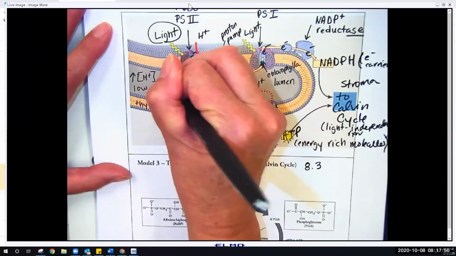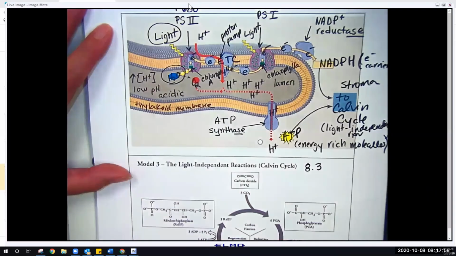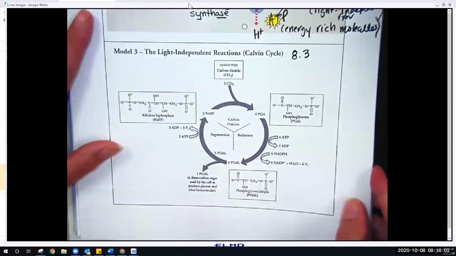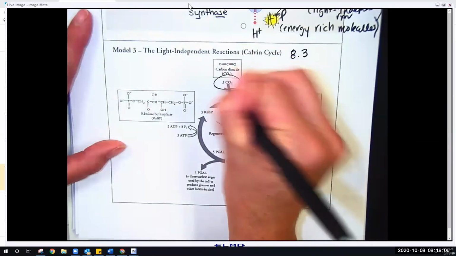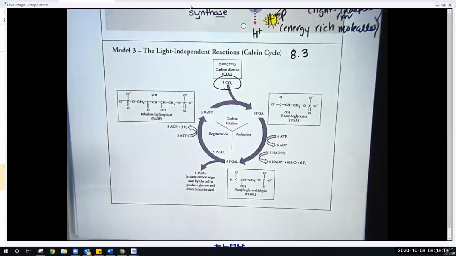Here's light, here's water. We know those are two things necessary for photosynthesis. And the last thing we need for photosynthesis is carbon dioxide, but we don't use carbon dioxide until we get to the Calvin cycle.